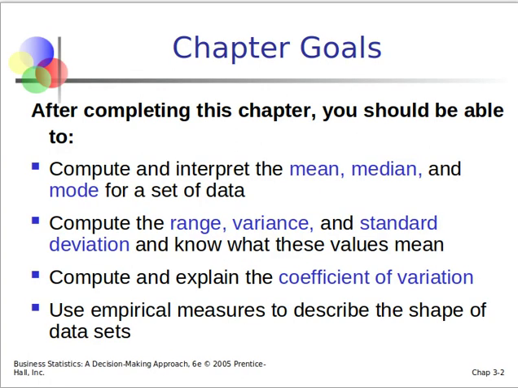Goals of the chapter are the following. After completing this chapter, you should be able to: 1. Compute and interpret the mean, median, and mode for a set of data. 2. Compute the range, variance, and standard deviation and know what these values mean. 3.